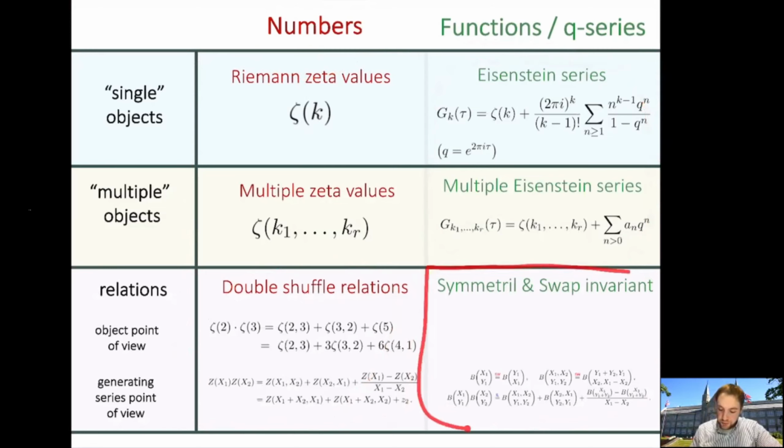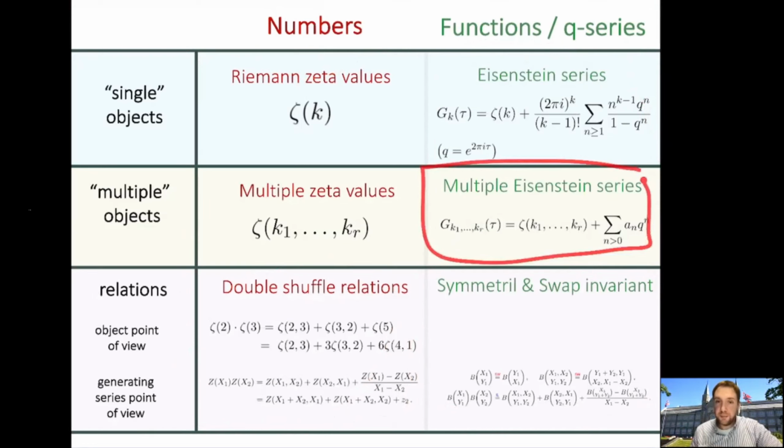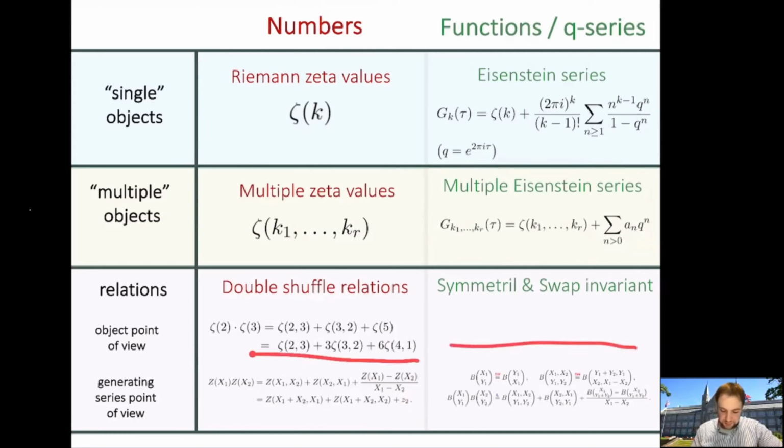And what we try to understand are the relations satisfied by these multiple functions. And if you consider these multiple Eisenstein series as a motivation for these relations, you see that you should include derivatives. And therefore, one starts here with molds and ends up here with B-molds, because somehow the second family of variables can be seen as the variables for the derivatives of these objects.